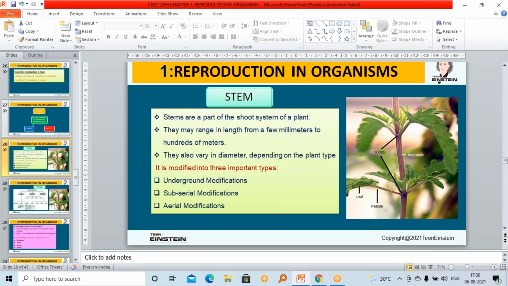And the next part of the plant body is the leaf. What is the leaf helping with? That helps in photosynthesis. So in a plant, root, stem and leaves. So the stem is a part of the shoot system, right? And what is the stem helping with? It is helping in the conduction of water and nutrients.